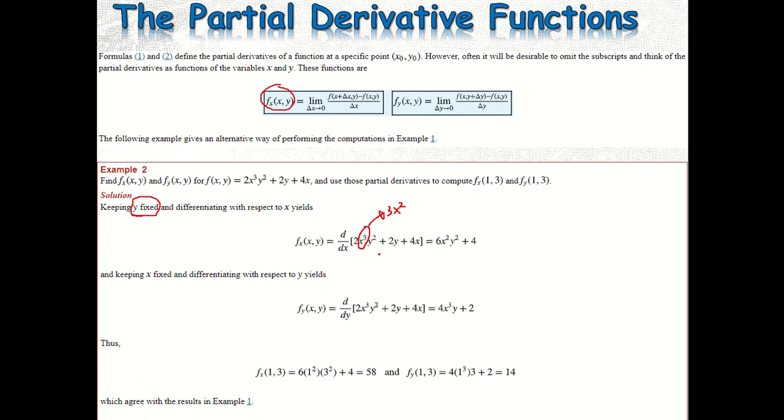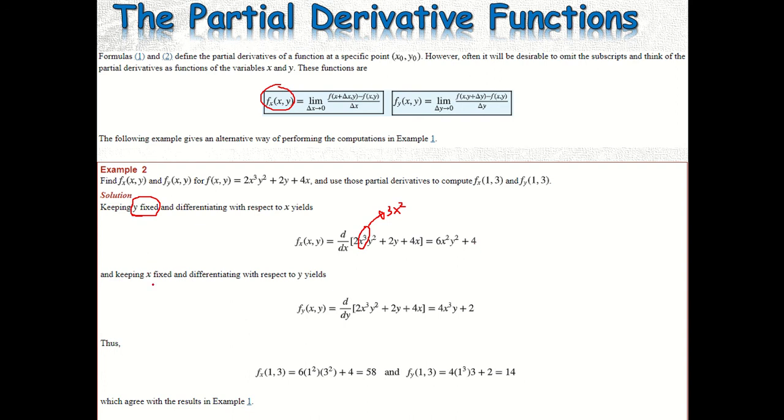Then plus, since y is constant, 2 times y is a constant product, so the derivative of a constant is equal to 0. That's why you cannot see this anymore here. But for the third term, the derivative of 4x, by the constant multiple rule, the derivative of this part is simply equal to 4.